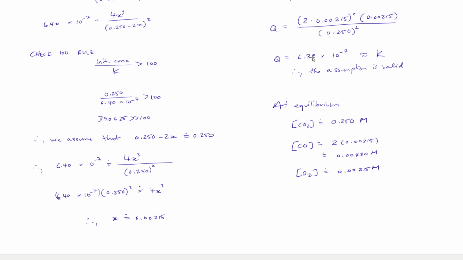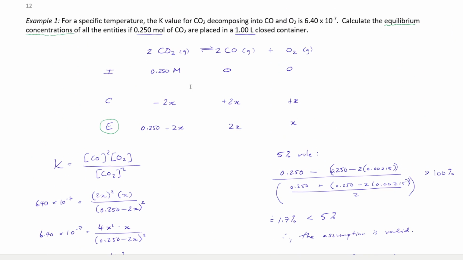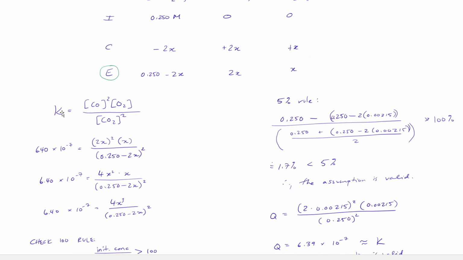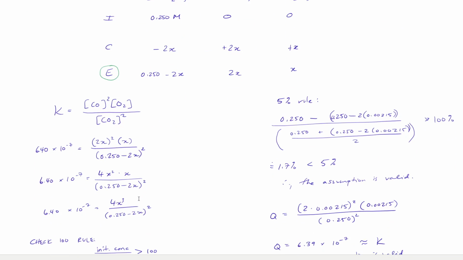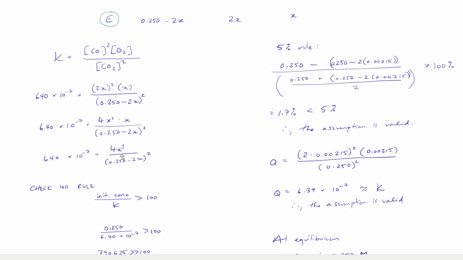So, just to recap with these questions, we start by making a chemical equation, an equilibrium equation. We balance it, we make our ICE chart, and then we proceed to fill in the values of the ICE chart. We write the equilibrium law. We insert the values given from our ICE chart, as well as the K value given to us in the question. And then we expand until we get to a complicated portion here.